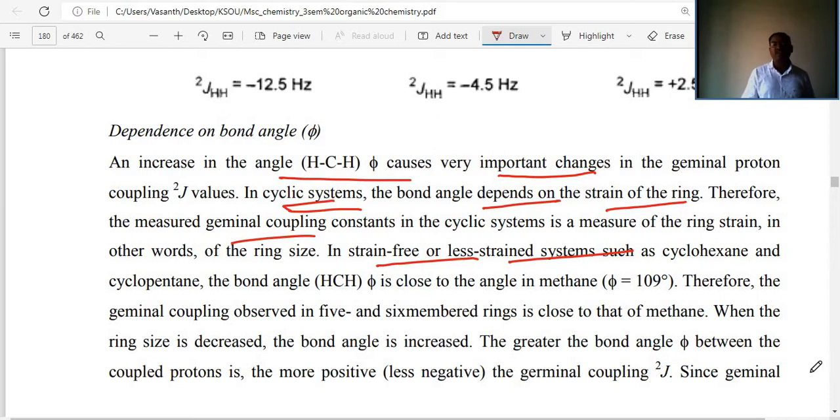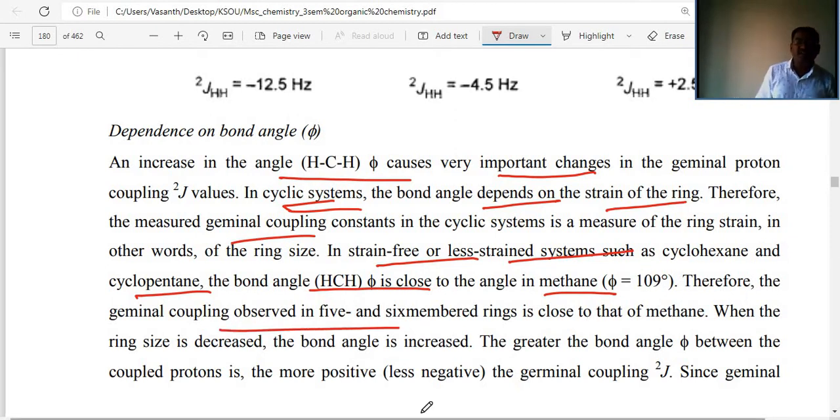Such as cyclohexane and cyclopentane molecules. What is the bond angle here? The HCH angle is close to the angle in methane. Therefore, the geminal coupling observed in 5 and 6 membered rings is close to that of methane. When the ring size is decreased, the bond angle is increased.